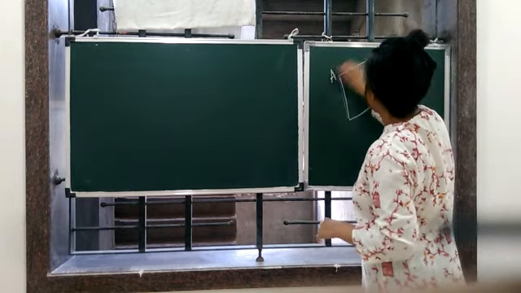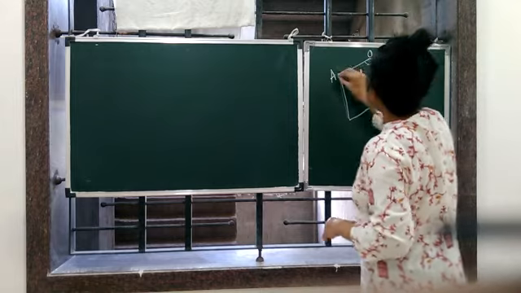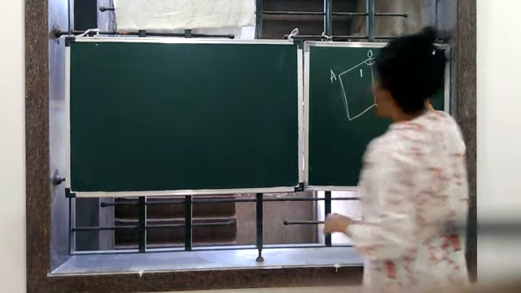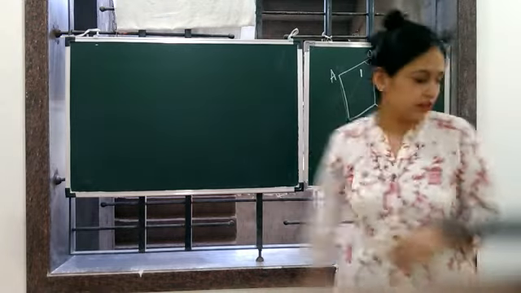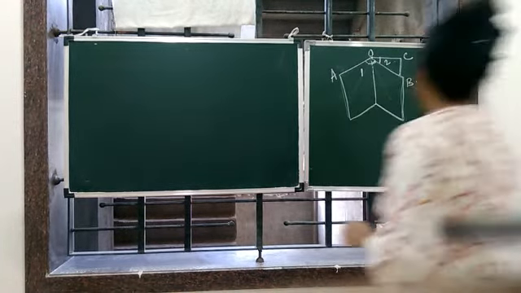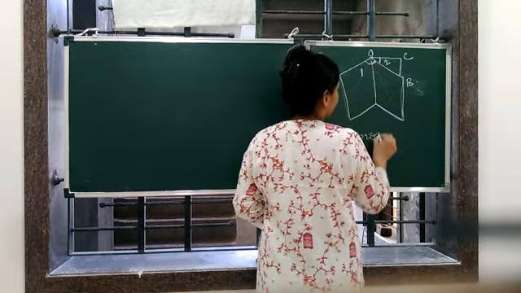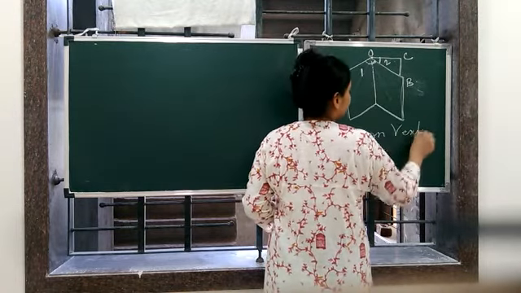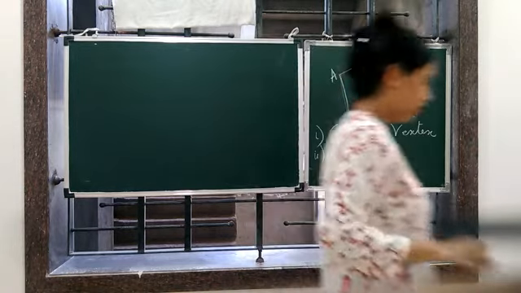So let's mark it A, O, B and C. So angle A, O, B and B, O, C. Anything common you can see here, children? Yes, you can see a vertex, a common vertex. Vertex is common for these two angles. What else you can see?